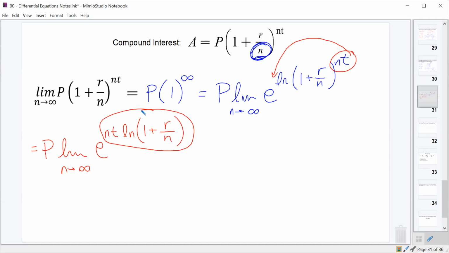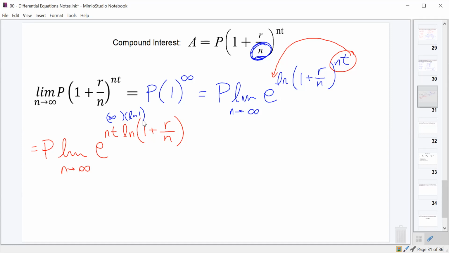So if we now plug in infinity, we can see that this is just infinity times natural log of 1, and natural log of 1 is 0. And infinity times 0 is an indeterminate form that we have talked about in this class.